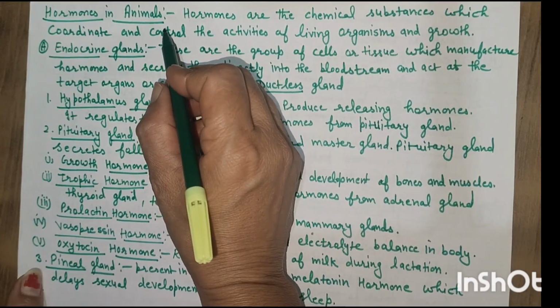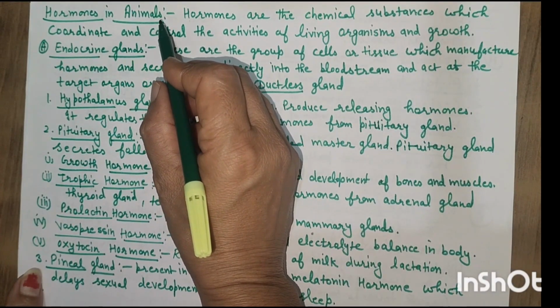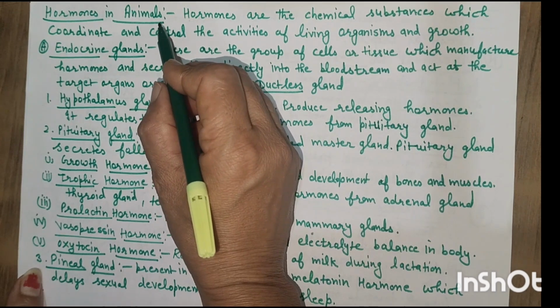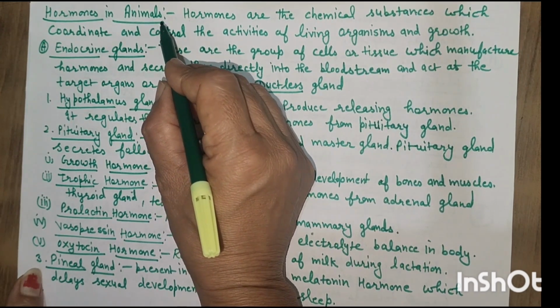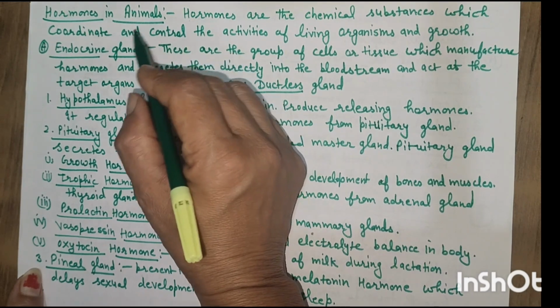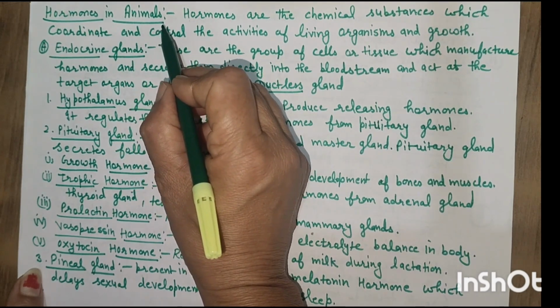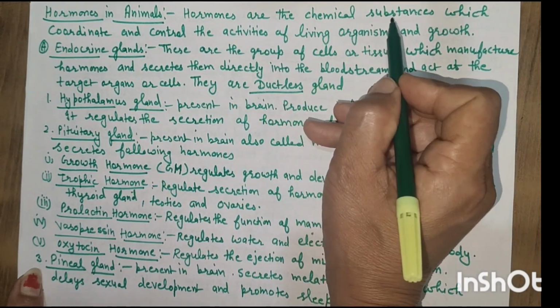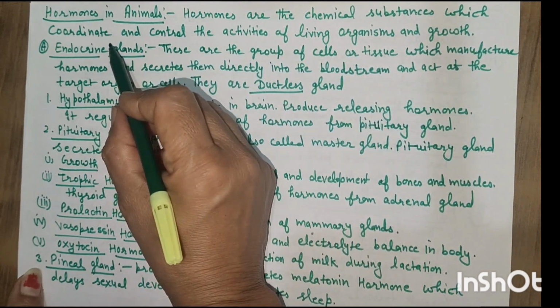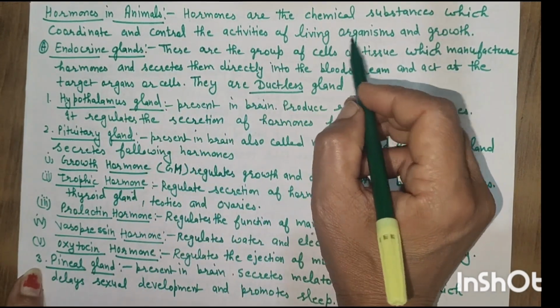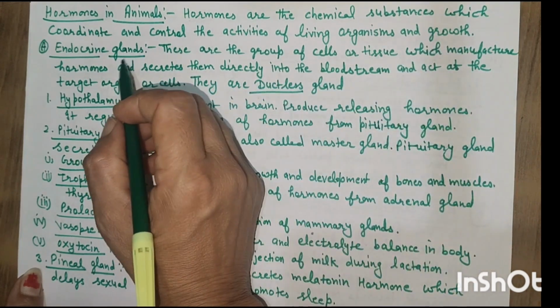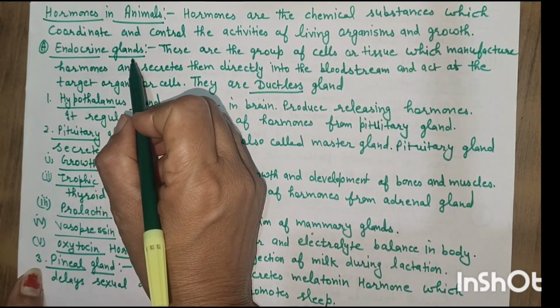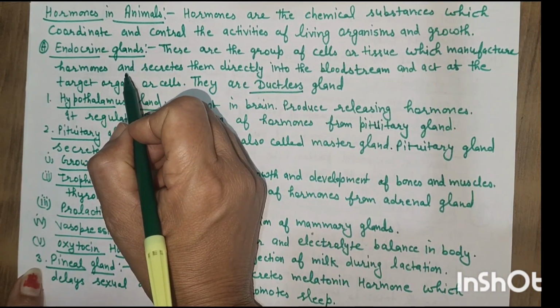Hormones in animals. Just like in plants, in animals also certain hormones or chemical substances are released that help in control and coordination. They are called hormones of animals. Hormones are the chemical substances which coordinate and control the activities of living organisms and their growth. There are two types of glands, endocrine gland and exocrine gland.